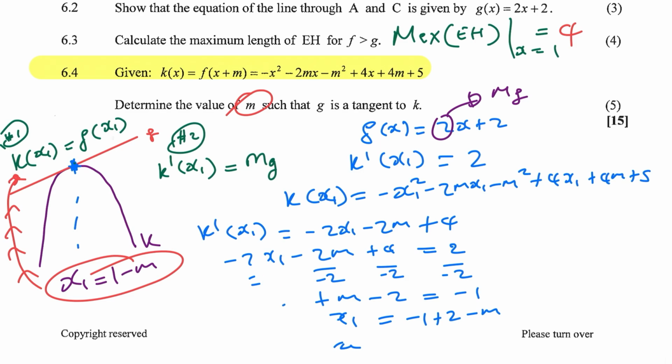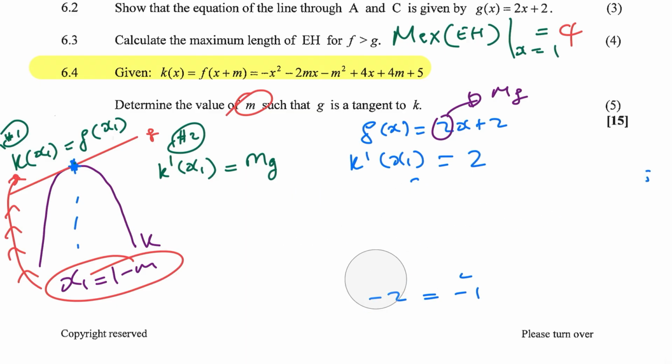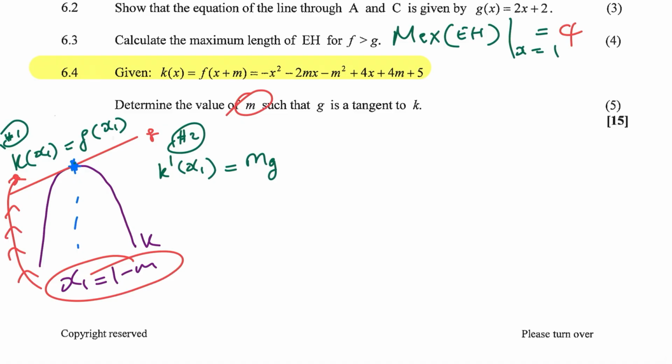Let me write this out. What you know is that g of x is equal to 2x plus 2.